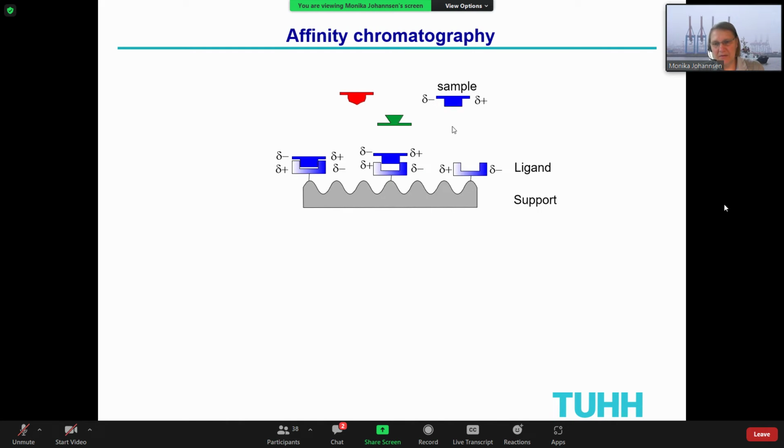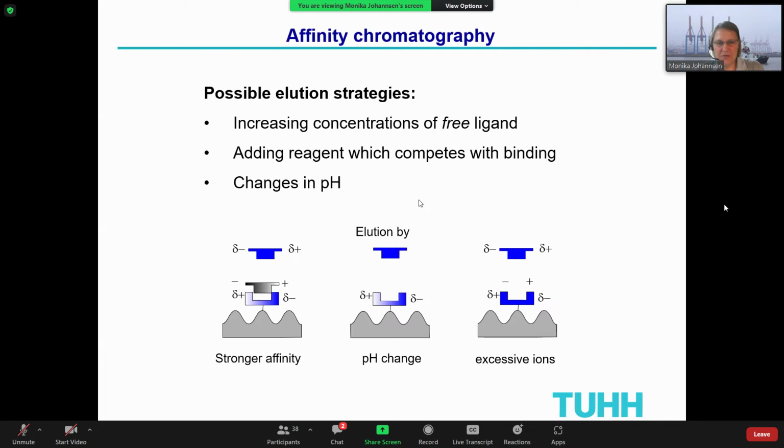So we have a sample which fits into the ligand here, and the problem then is how to elute it, because it's a very strong interaction. What we can do is increase the concentration of free ligands, for example.